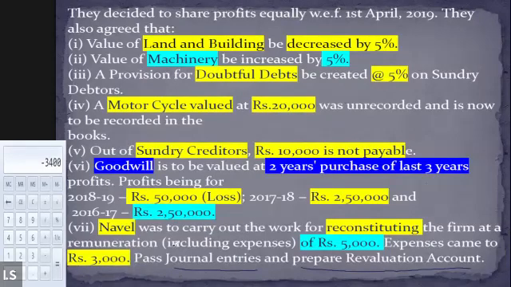So keeping that in mind, please tell me, if the land and building is decreasing by 5%, and if you are saying it is a loss, then on which side of the revaluation account will we be showing it, on the debit side or on the credit side? Debit. Aman, on which side of the revaluation account?